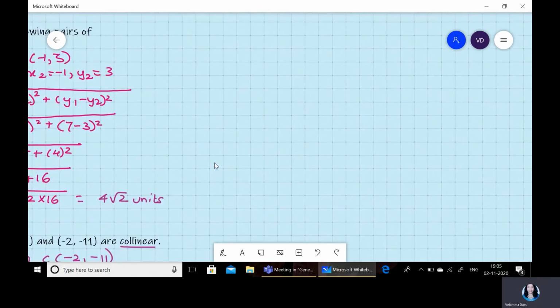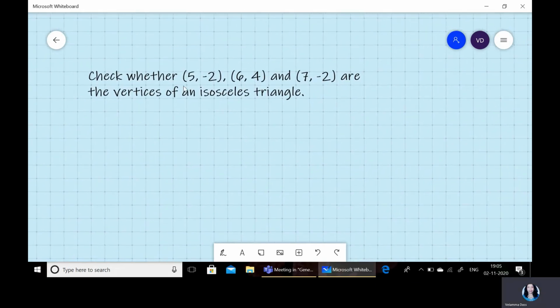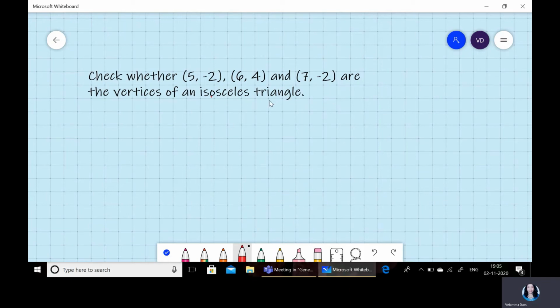Now moving to the next sum here. Check whether 5, minus 2; 6, 4; 7, minus 2 are the vertices of an isosceles triangle. We all know the definition of an isosceles triangle, that for the triangle to be isosceles, two sides of the triangle must be equal. So it is as simple. We will find out all the three distances and check whether two sides have the same length.